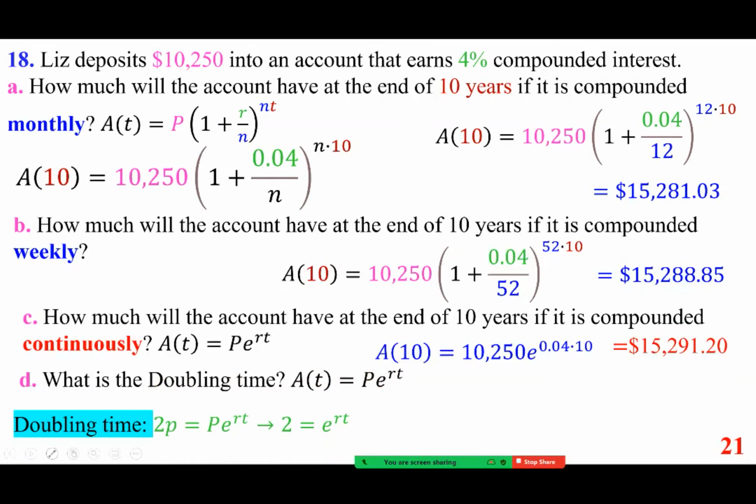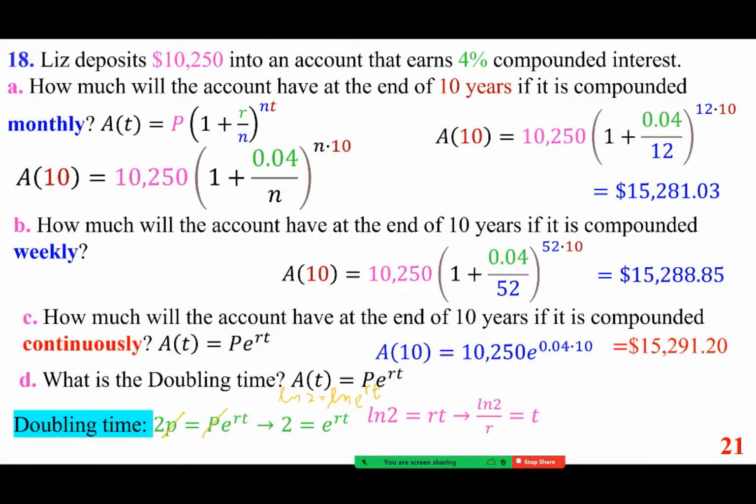Now, I can take the natural log of both sides. So ln of the left side, ln of 2, is ln2, and ln of the right side becomes simply r times t.